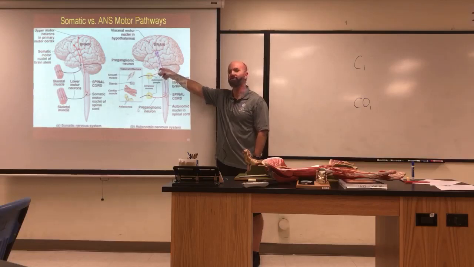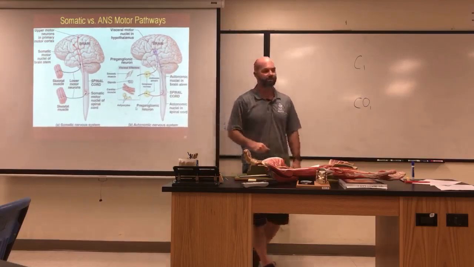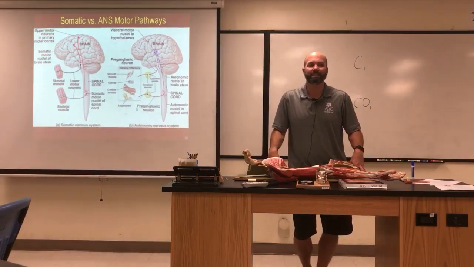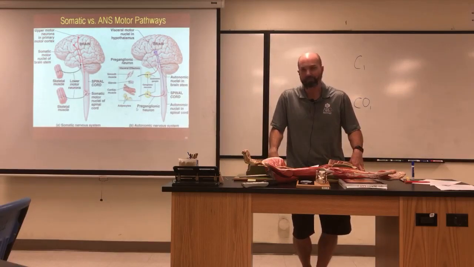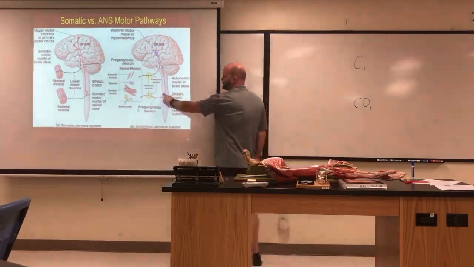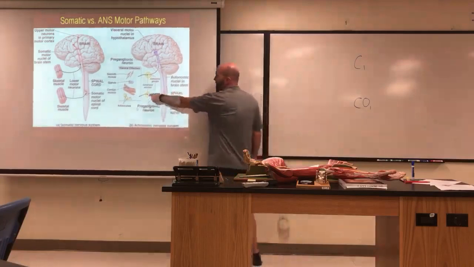Because where are all of the preganglionic sympathetic neurons? All of them. T1 to L2. What's the nickname of the sympathetic division? Anatomical nickname. Thoracolumbar. Thoracolumbar, exactly. Okay. So assuming this is thoracic or upper lumbar, this would be sympathetic.